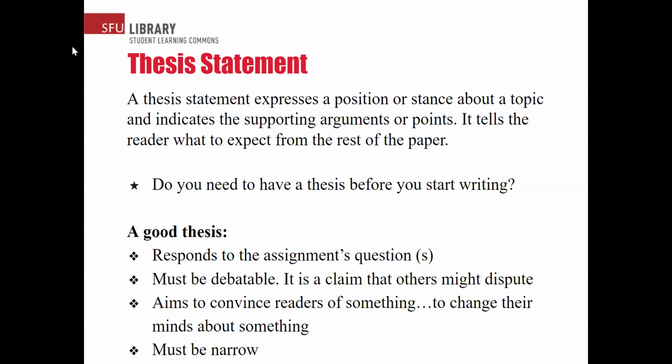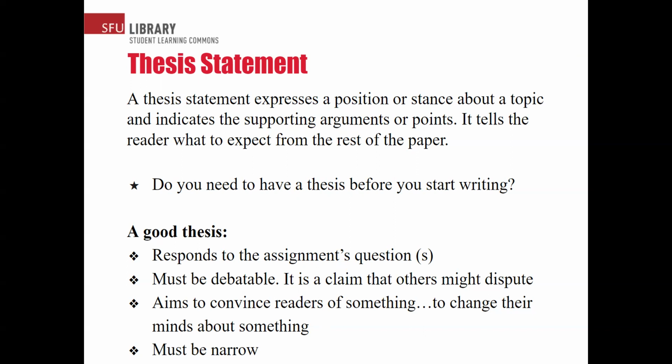Do you need to have a thesis before you start writing? Well, not necessarily. Before you start writing your essay, you might have some claim or you may have some position about the topic. But as you start reading more and more and writing the first draft of your essay, you might see that you need to get back to your thesis and revise it.